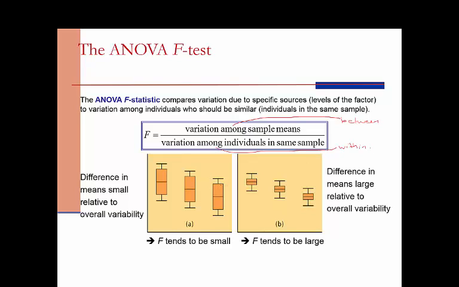Within is the spread inside a data set. So let's say there are 3 different data sets, 3 different samples, not sample as in each individual point, but 3 different groups of data.